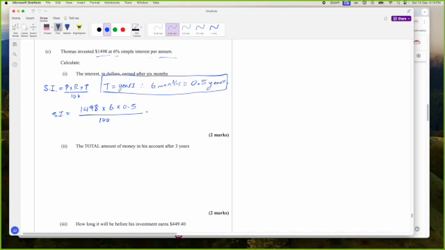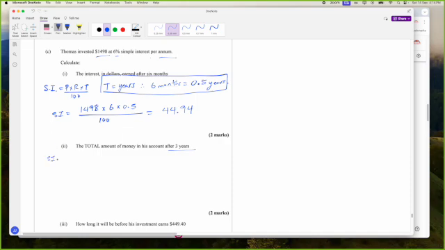1498 times 6 times 0.5 is equal to that divided by 100. My boy made a simple interest of $44.94 after the first 6 months. The total amount of money in his account after 3 years. So I could calculate the interest after 3 years by going like this.